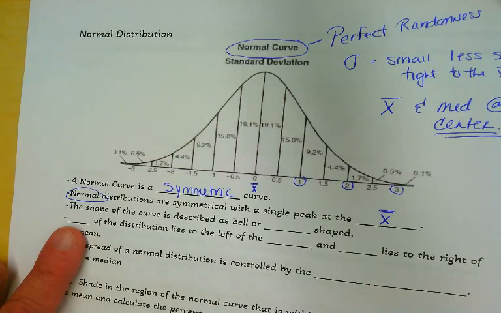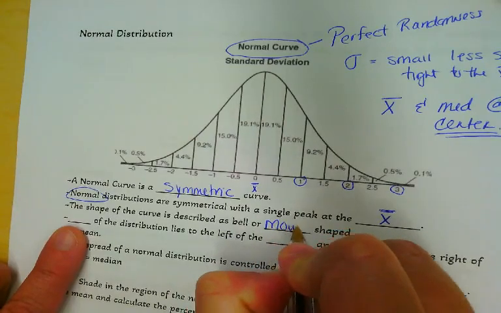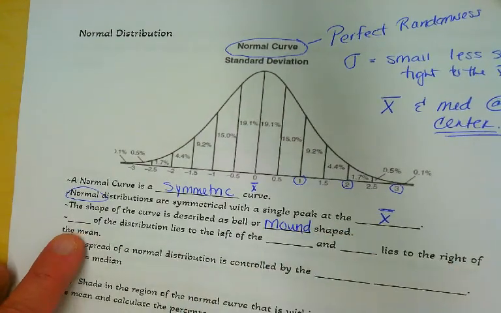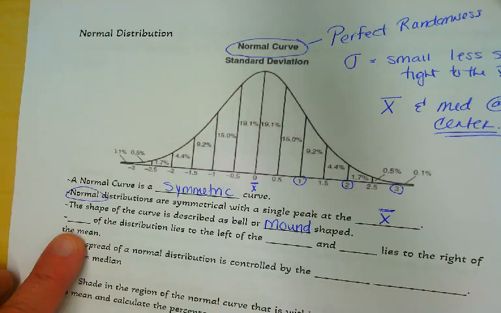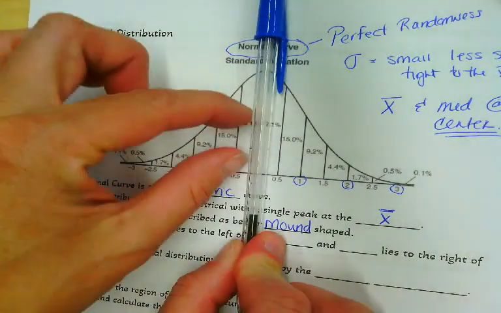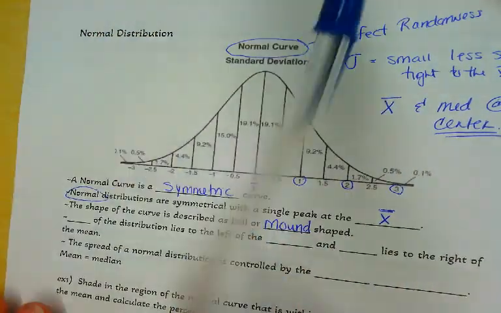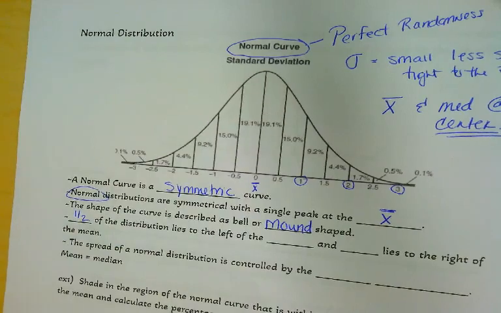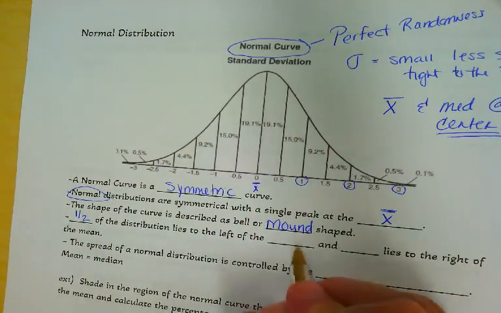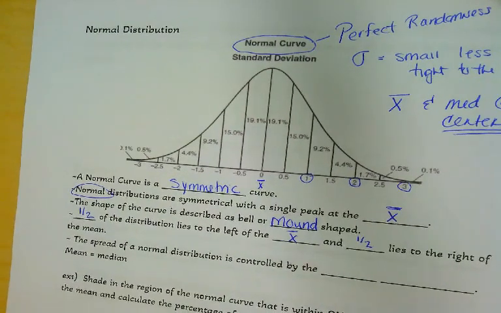The shape of the curve, sometimes people refer to it as the bell curve or mound shape. So if this is the middle, we would see 50% of the distribution to the left and 50% to the right. So half of the distribution lies to the left of the mean and half lies to the right of the mean.